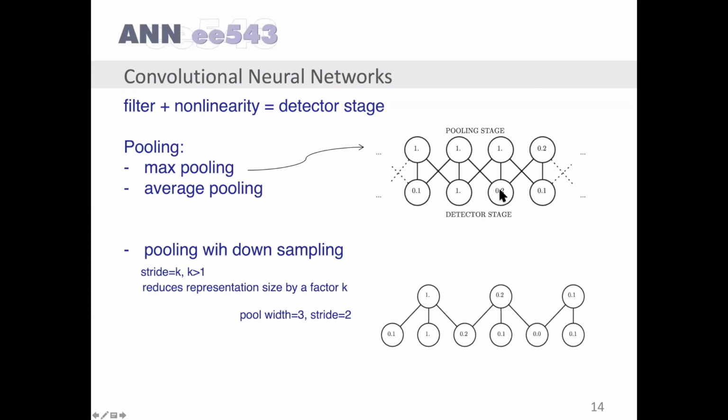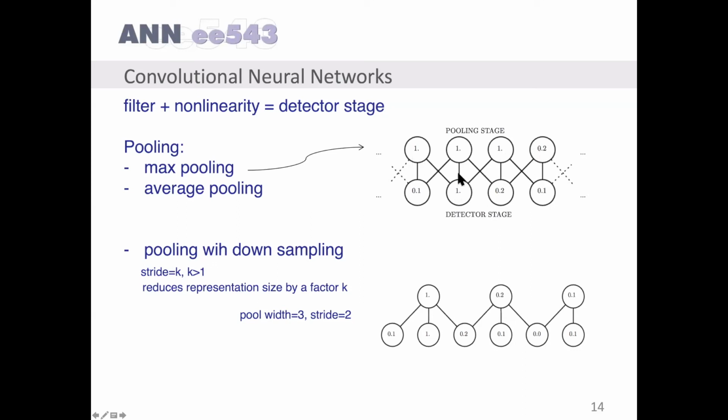Here, the pooling filter is considering these three connections. So we are considering those values 0.1, 1, and 0.2. The maximum is 1. If we shift the filter by 1, then we will have 1, 0.2, 0.1. Again, the maximum is 1. And if we shift one more, here the maximum is 0.2, etc.